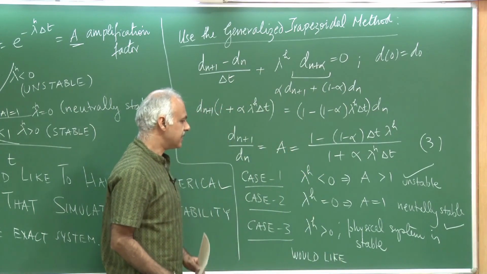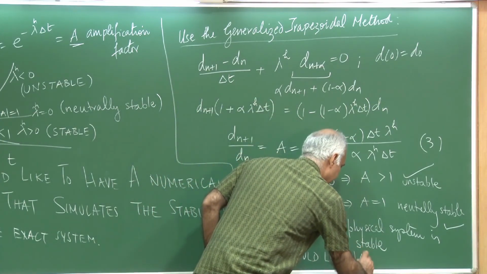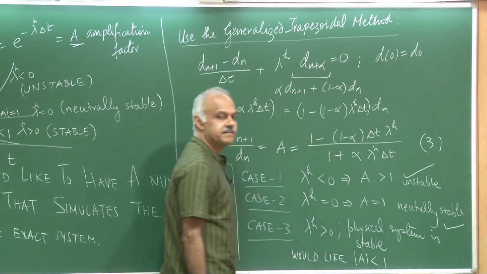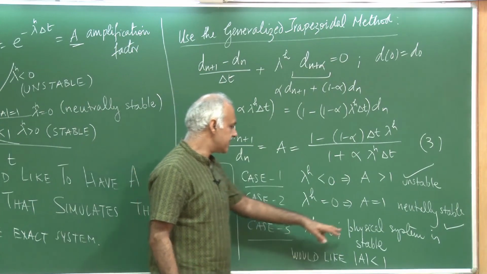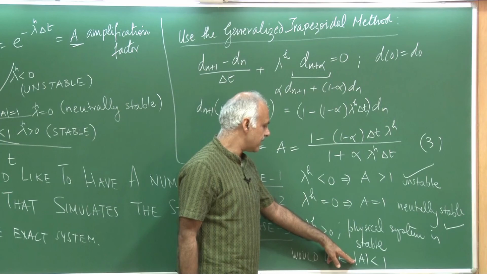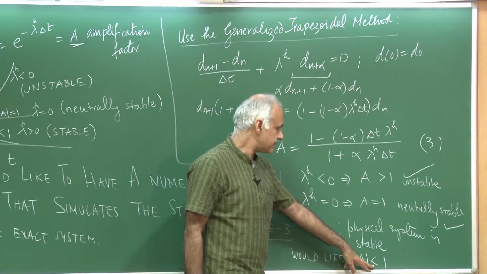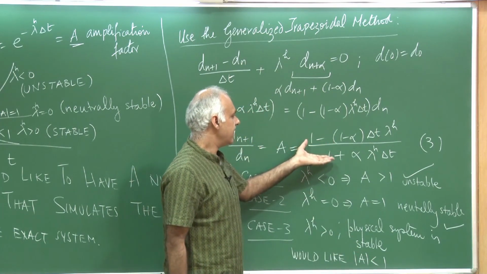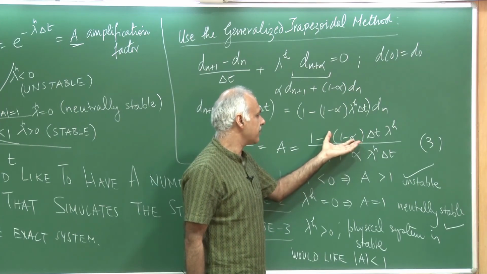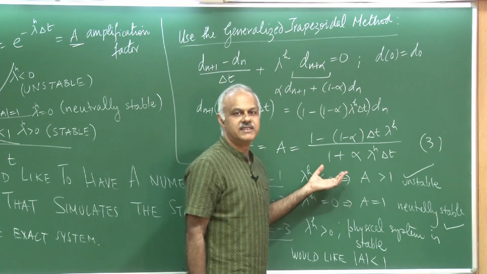Because our physical system and numerical system should behave the same way, we would like our amplification factor to be less than 1, because the physical system has an amplification less than 1. So we want to make sure that our algorithm also works in this domain. What that does is, it will possibly put some constraints on the combination of alpha, delta t and lambda h, and we want to investigate that.